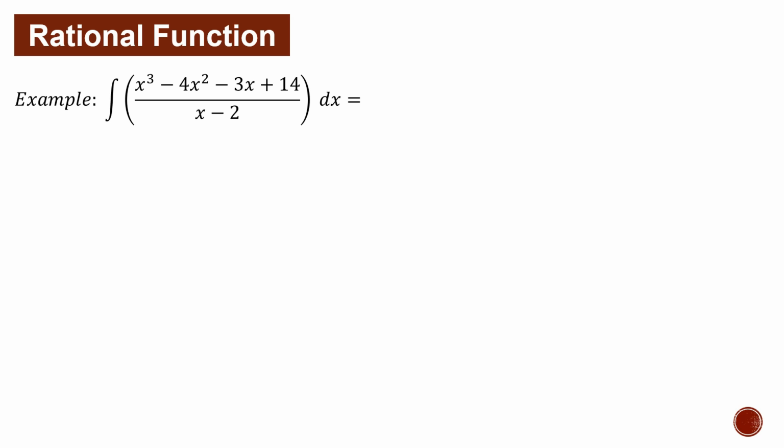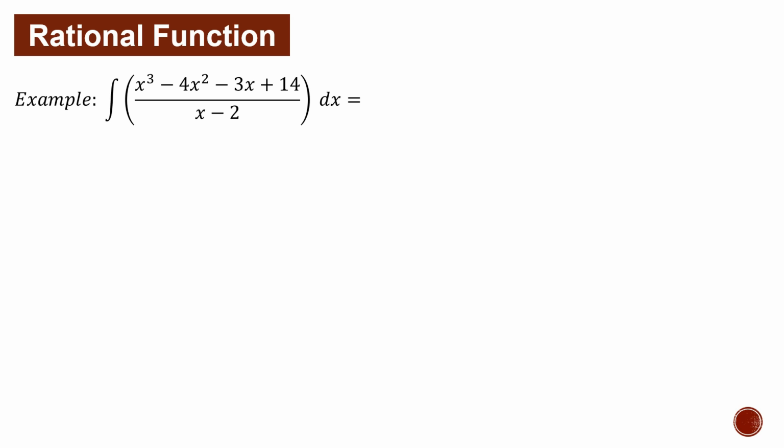But my advice is if you encounter this kind of problem, remember that a fraction is division. So maybe we can divide the polynomial on top, that's x cubed minus 4x squared minus 3x plus 14, by x minus 2. Not using long division, I will be using synthetic division.